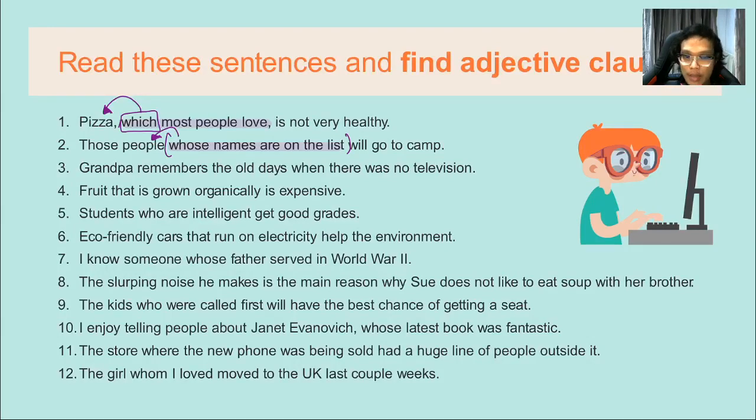For example, in this one, you will know that those people whose names are on the list, the highlighted words in the brackets, are only used to modify people, right? It has nothing to do with the verbs or anything fancy about the sentence. We know that whose names are on the list is just a modifier, an adjective clause, to modify a noun, which is people in this sentence.